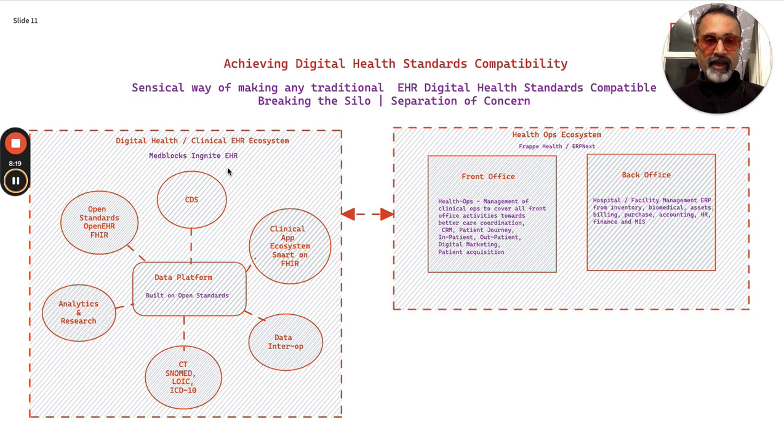We have gone about an approach wherein, on the right hand side of this page, what you see is the HIS system, Frappe Health slash ERPNext, which gives you a lot of healthcare operational workflows and feature coverage. Frappe Health also has a lot of clinical features and is modeled directly referring to FHIR standards or FHIR resources.